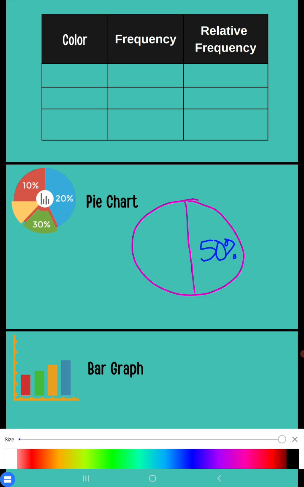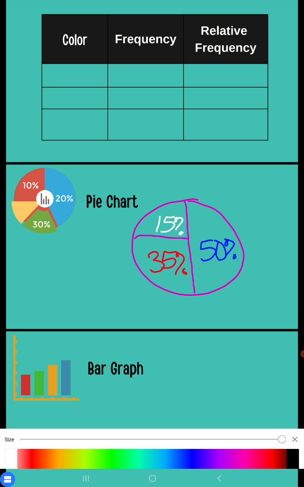Then we pulled 7 red chips. That's going to be 35%, which would be somewhere right in here. And we'd say red was 35%. And then for white, I'm not sure it'll let me do white. Let's find out. Yeah. For white, we got 15%.